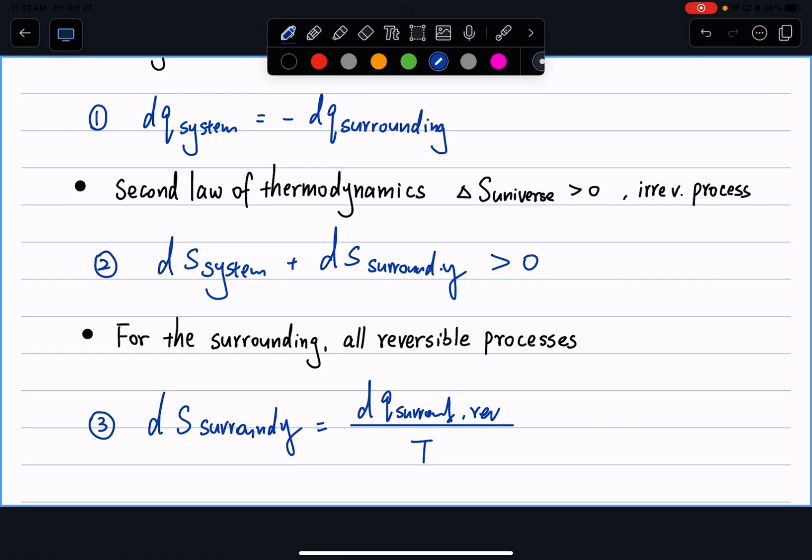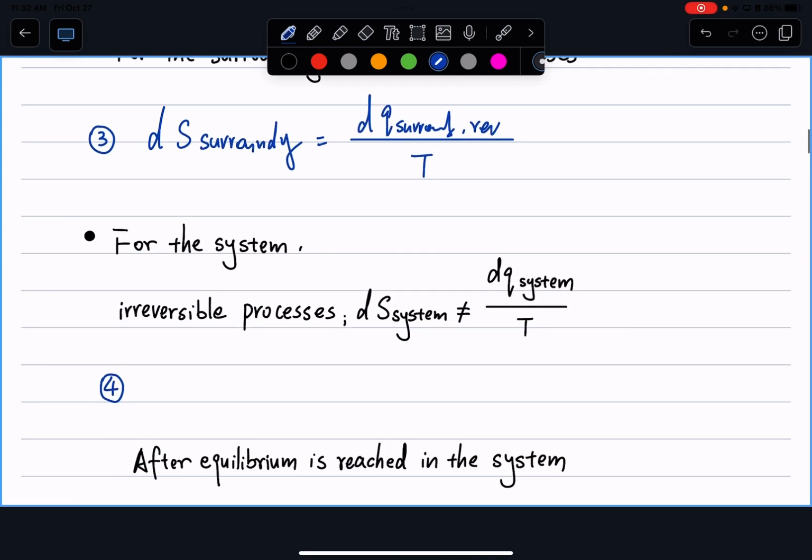And then moving on to look at our system. Because we have irreversible processes taking place in the system, we cannot use this relationship. Now your change of entropy, dS system, no longer equals dq system over T because you have irreversible processes. So this one is irreversible.